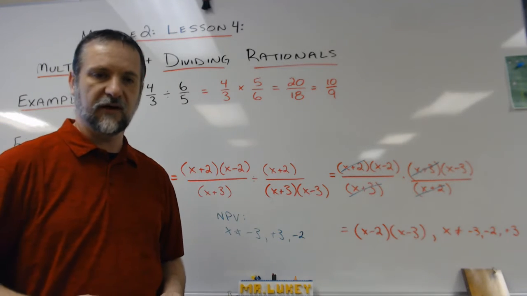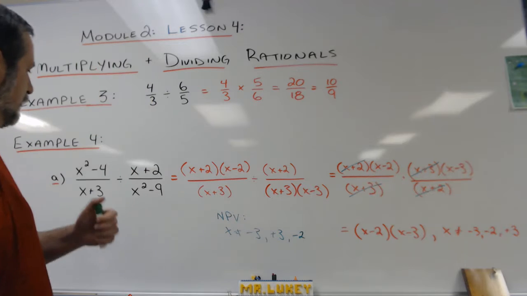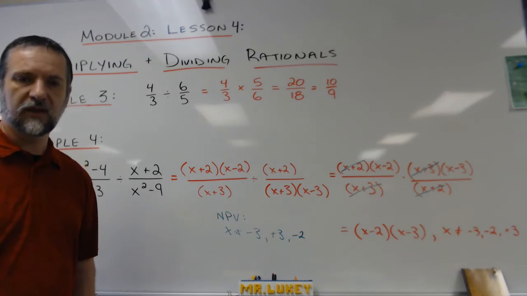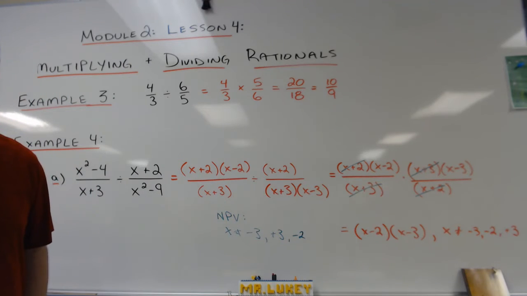And there is my final answer for 4A. So I will clean up the board. We will take a look at 4B, and we are going to be well on our way.